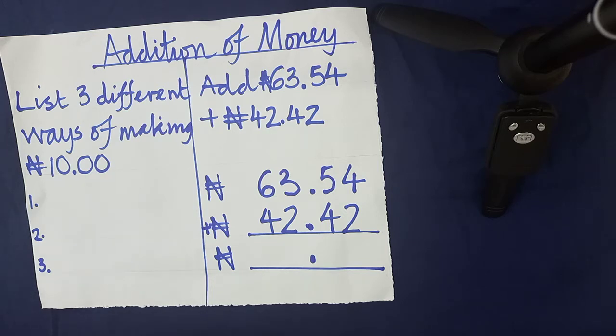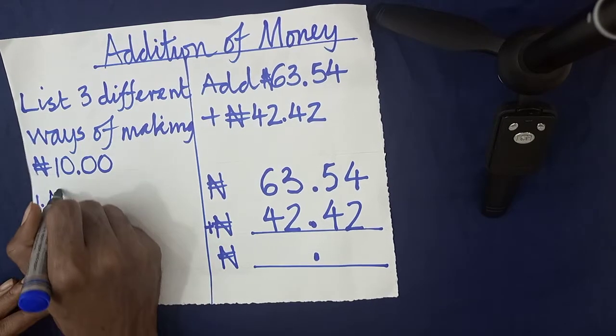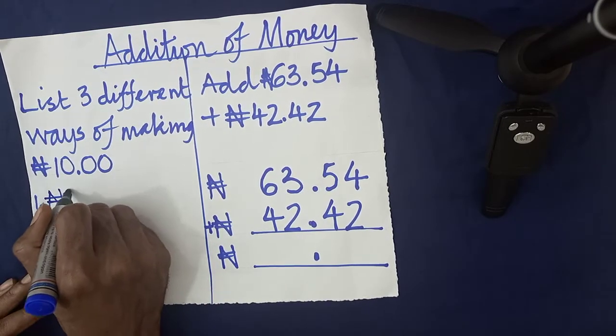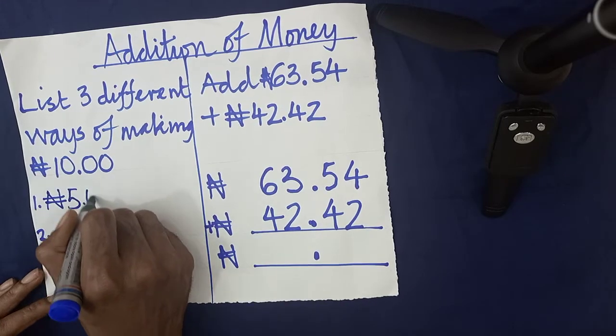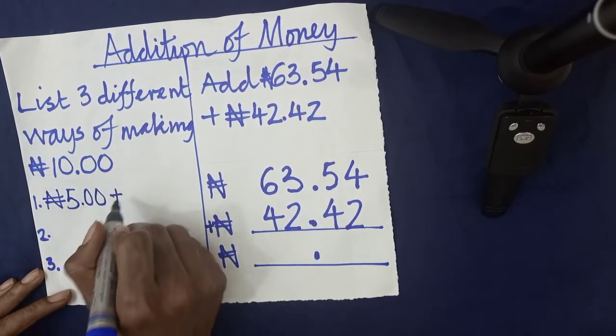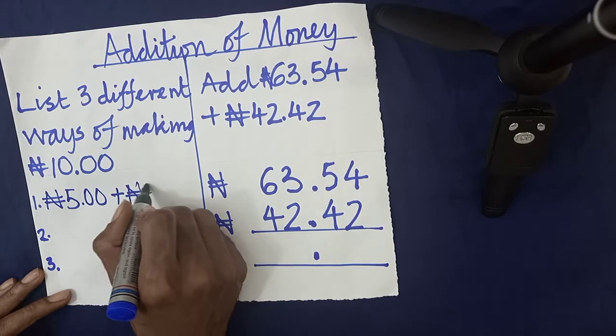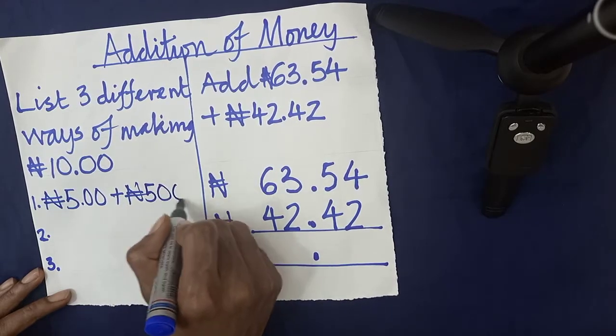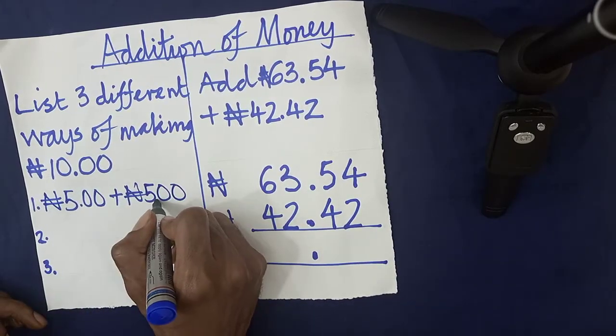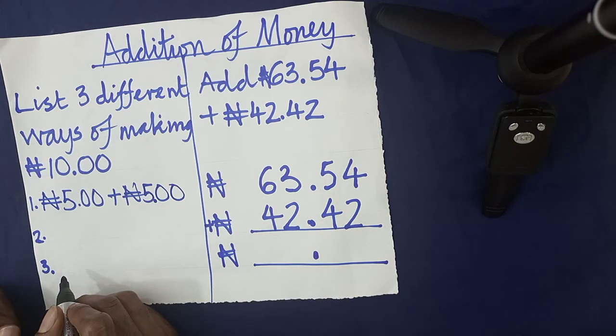Okay, I can think of 5 naira plus 5 naira. So I write it down. Remember, when we're writing naira, we put our sign first. So 5 naira plus 5 naira, when added, is going to give us 10 naira.